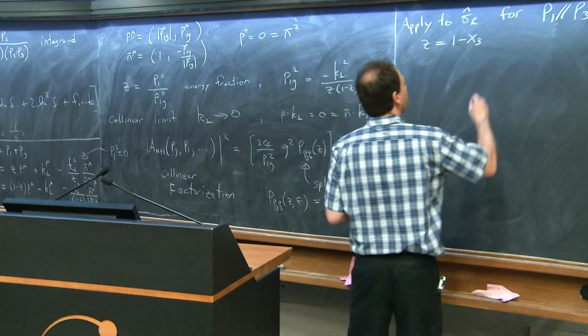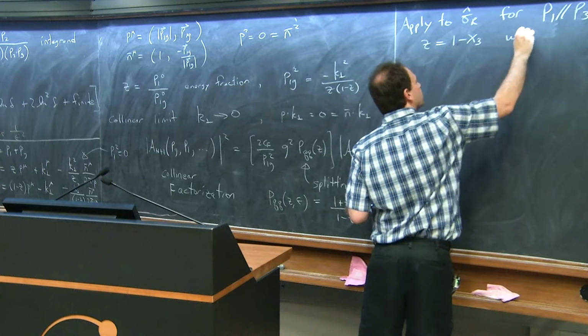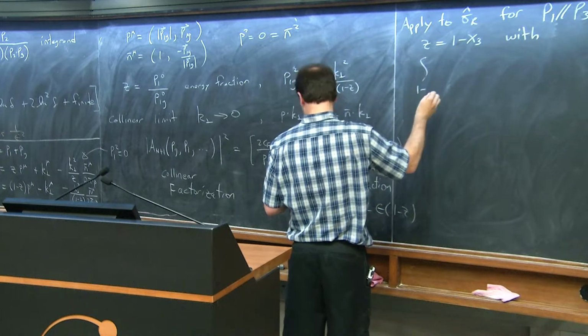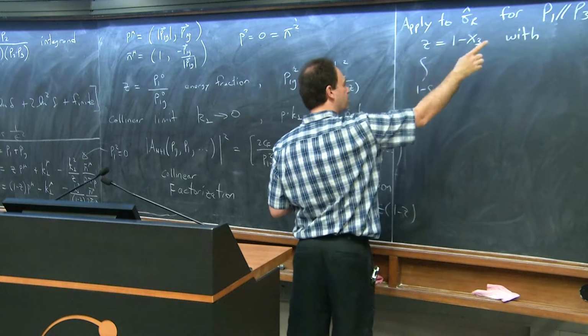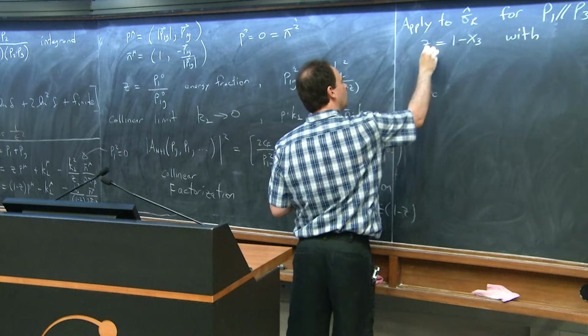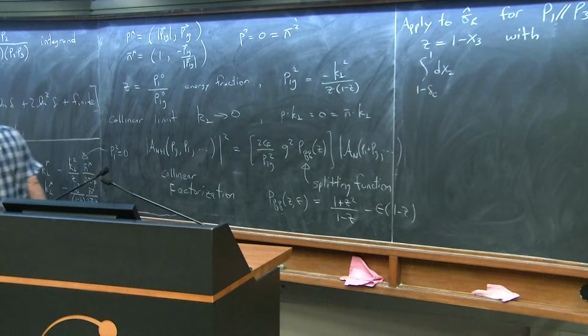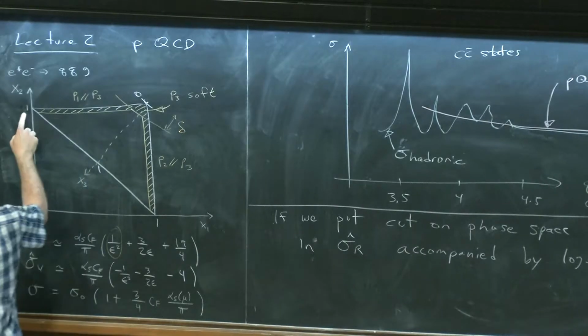Okay? And we have to put some restrictions on the phase space. So I better make sure that I'm in this collinear region where P1 is parallel to P3. And that actually means that x2, if we go back to the picture, is close to 1. Right? I'm along this edge here, and that means x2 is close to 1.